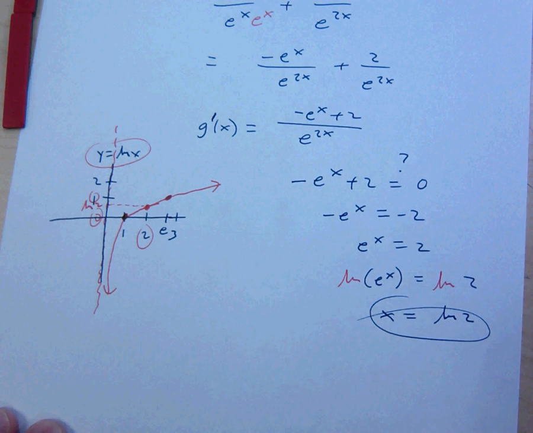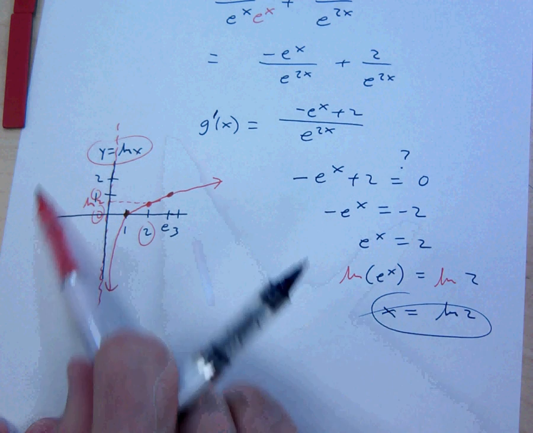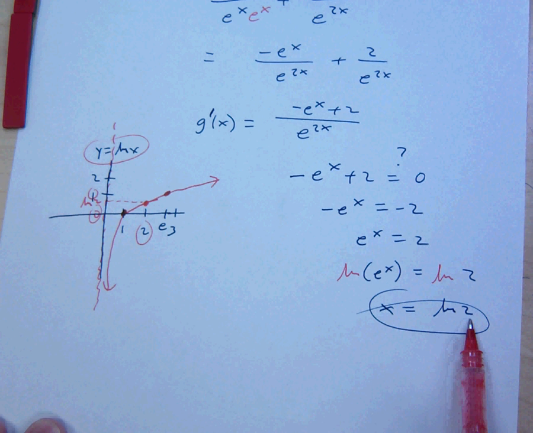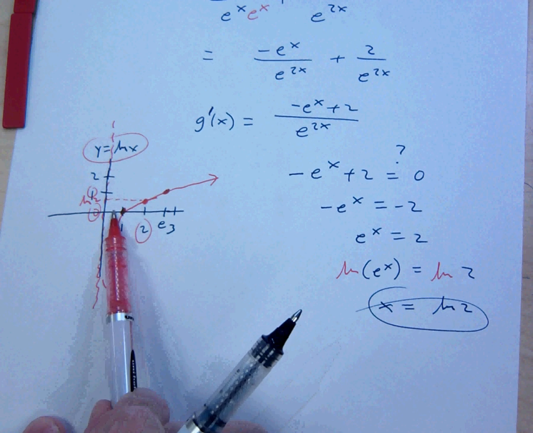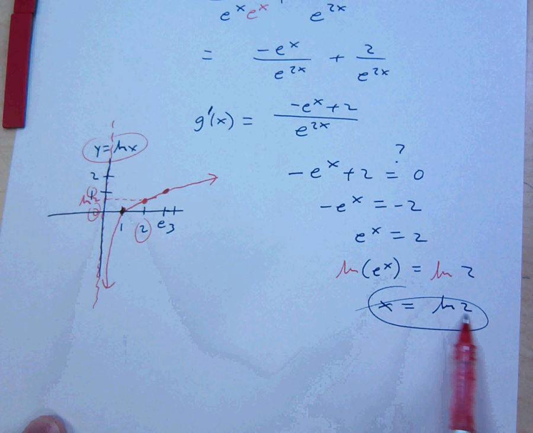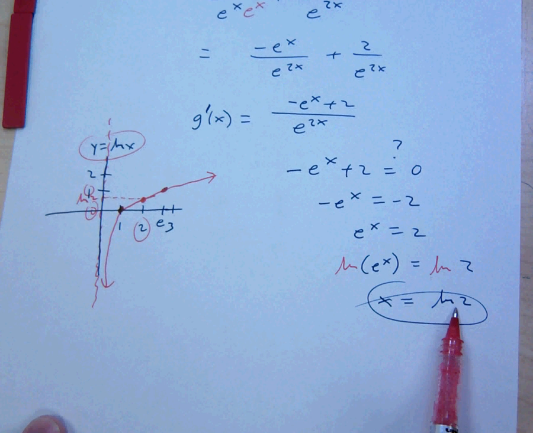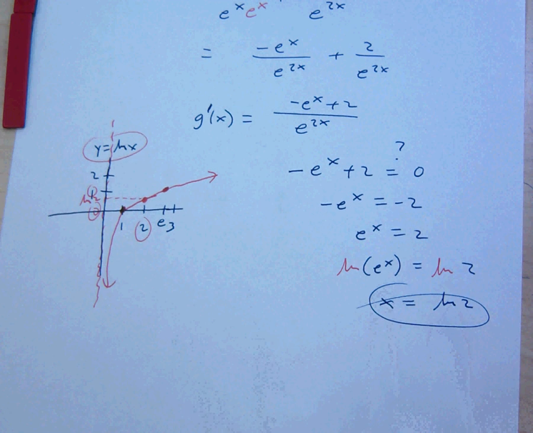I mean, without drawing the sketch, you're going to have no idea if I should use this number or not to find my absolute min or max. Did you see why I needed to do this? Yes? Because if this was not even on my interval 0 to 1, I wouldn't even use it, would I? Is it on my interval? Yes, it is.